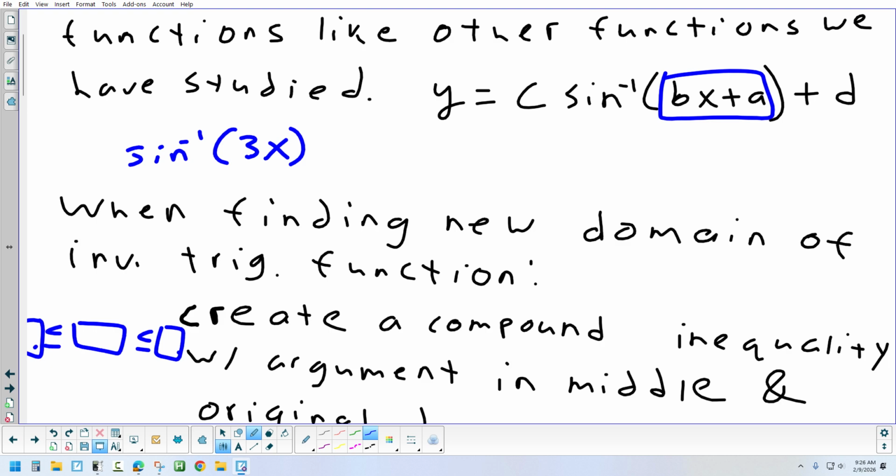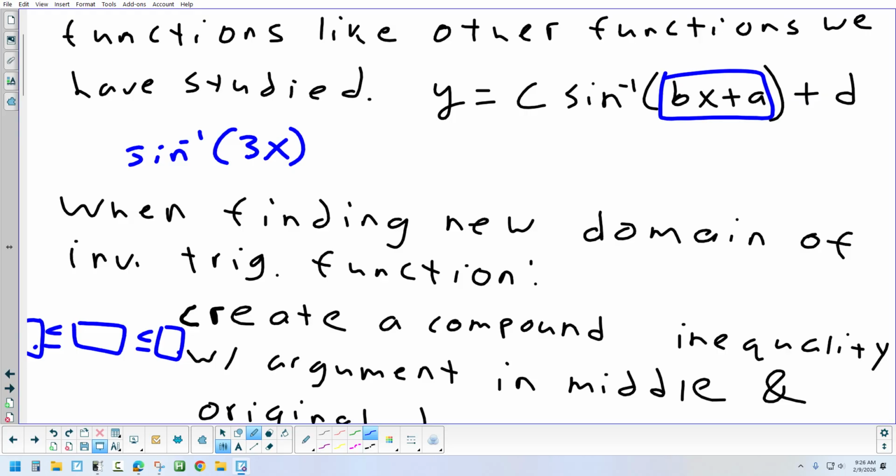Yeah. You're going to have to divide by 3. Can you describe it as a transformation? It's going to compress it. Right, it's going to compress the domain. Think of the domain as symmetric over the y-axis. It's going to shrink in 3 times as much towards the y-axis.